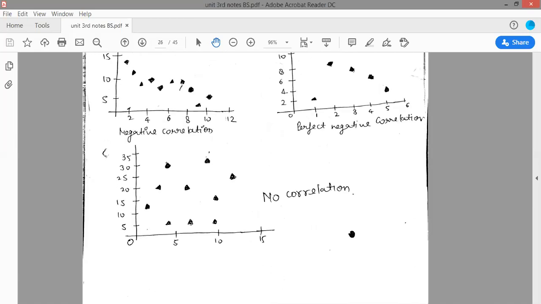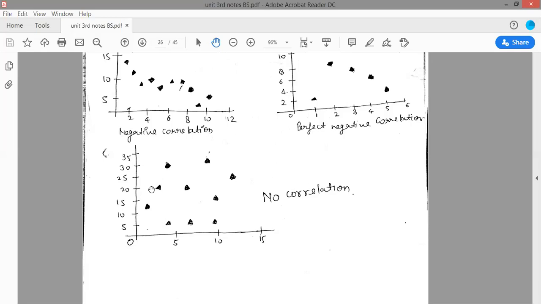Now this one, what is this figure showing? There are points on the x-axis 0, 5, 10, 15, and on the y-axis 5, 10, 15, 20, 25, 30 and 35. Just look here, this point is between 10 to 15, and this point is between 5 and 0 to, and on the x-axis between 0 to 5. Now check, we can say these 2 points are showing that one is decreasing, one is increasing.